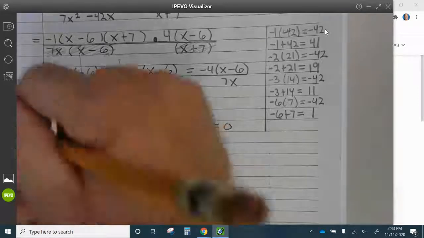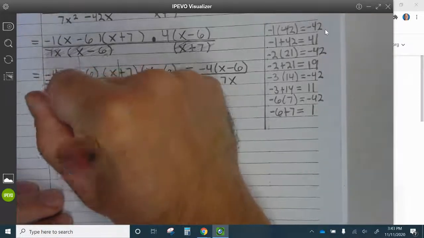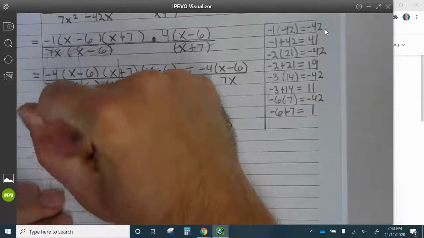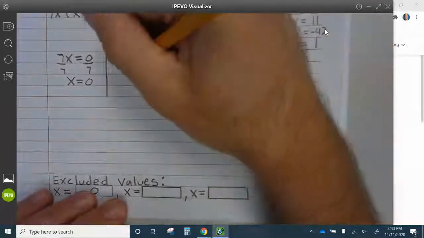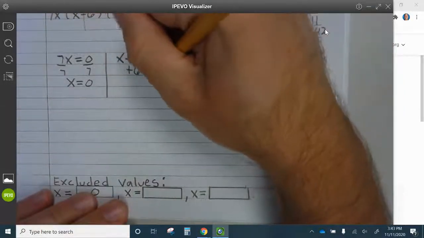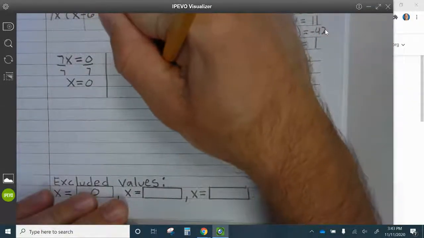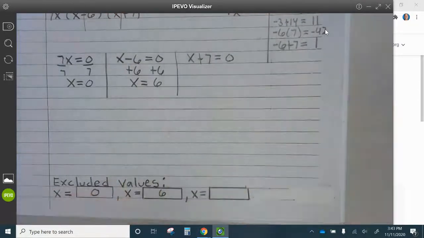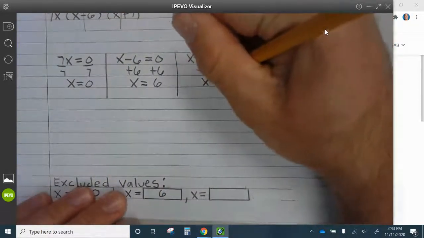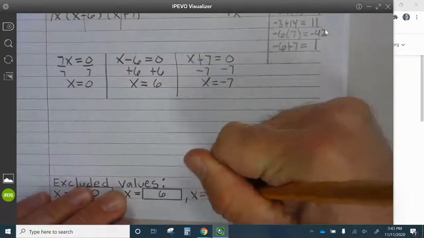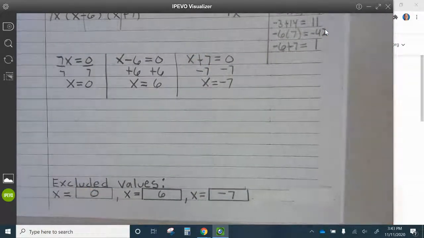All right, so we divide 7 by both sides. X equals 0. That's your first excluded value, okay? And then add 6 to both sides. X equals 6 is your next excluded value. And then subtract 7 from both sides. X equals negative 7 is your last excluded value, okay?